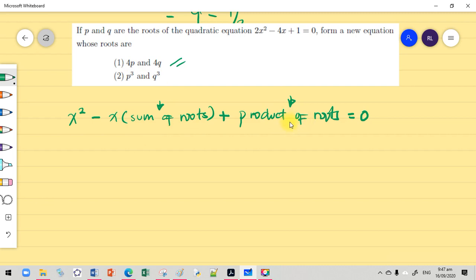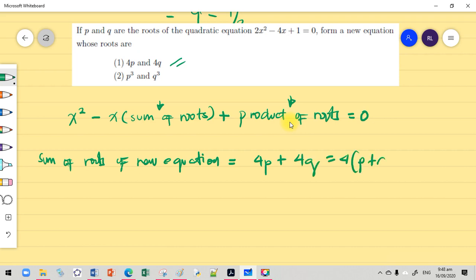So let's continue. The sum of roots of the new equation is 4p plus 4q, and we can write it as 4 times p plus q.